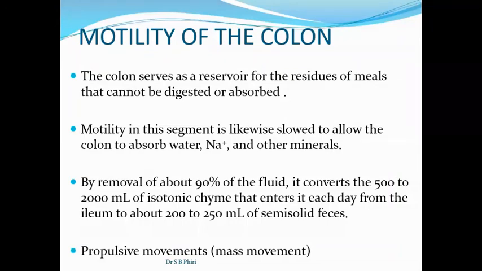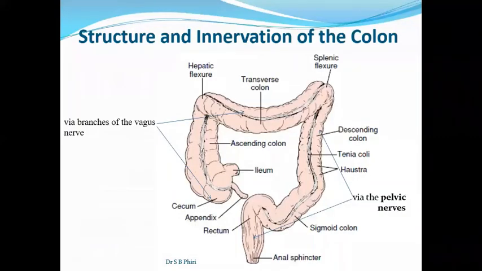Then we also have propulsive movements, which are called mass movements. These mass movements are the same peristaltic contractions that are now taking place within the colon, or the large intestine. The large intestine is innervated by the parasympathetics.